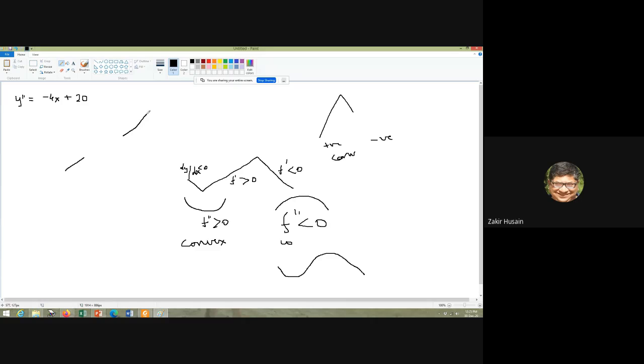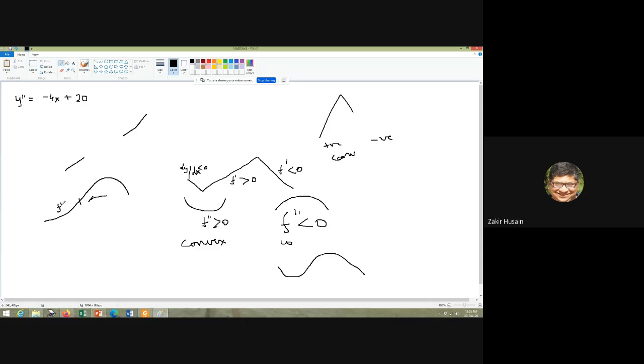So it is going to be something like this. First part is convex, right? So it is going to be like this, positively sloped. Then the slope becomes negative, like this. See, it is now concave. Now, logically, if this function is continuous, there must be a point.